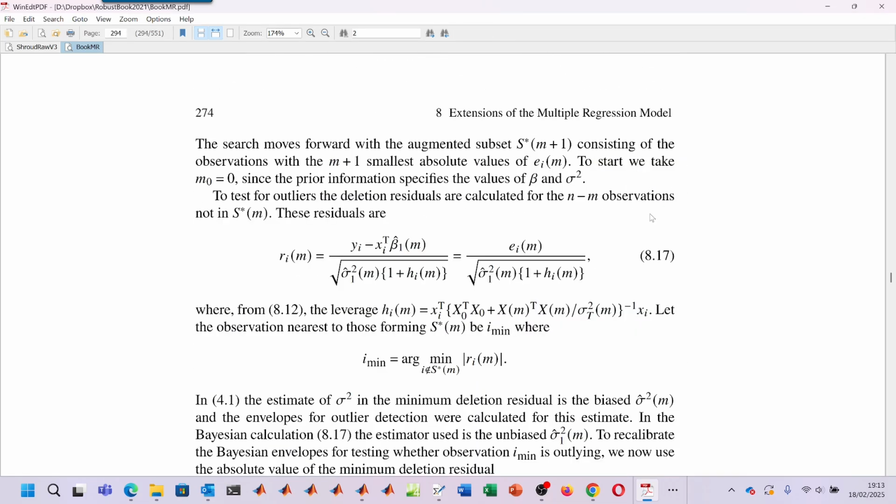The outlier detection procedure in the Bayesian forward search is based on the minimum deletion residual, and the form for the minimum deletion residual takes into account that we have these two samples. As a result of monitoring, we can see whether the prior values of the parameters agree with those that are provided by the sample.